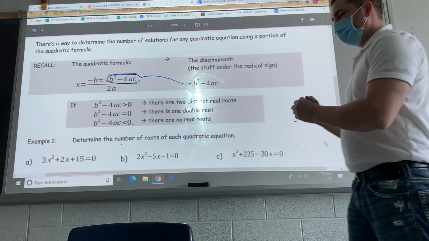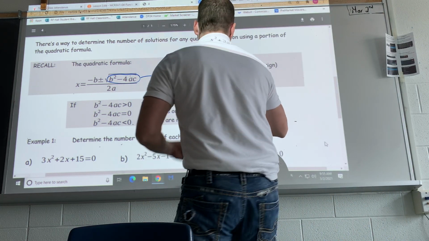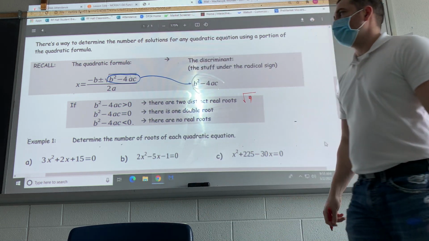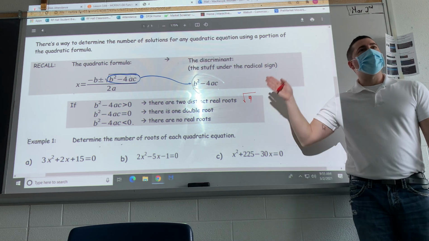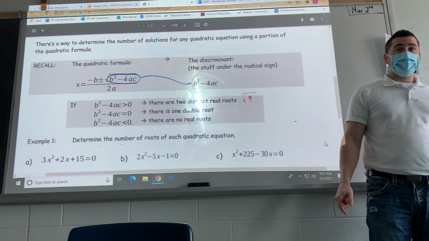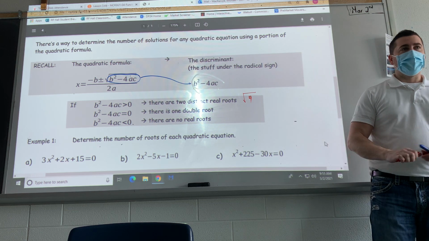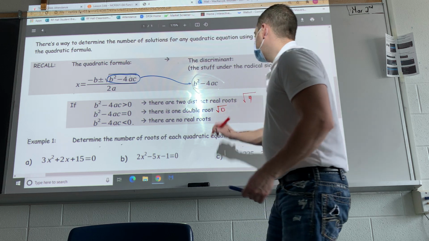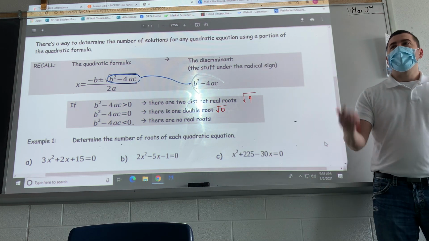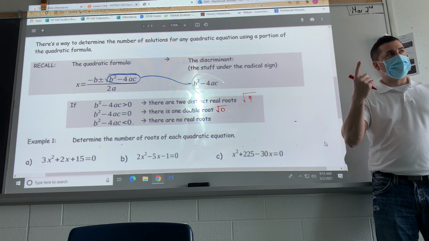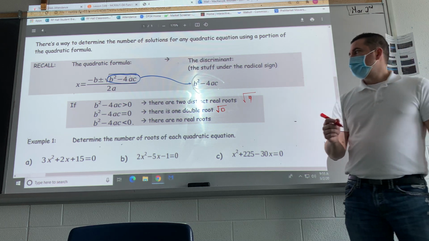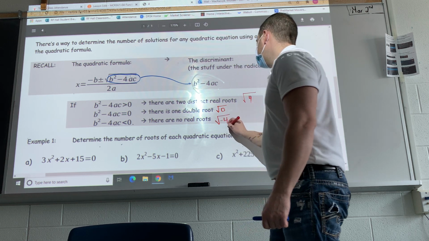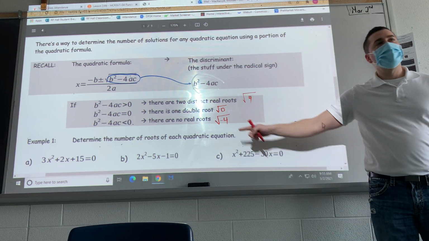Okay? Because if you think about it, if you were to square root a positive number, say positive 4, you would get two answers, right? You would get the negative answer and the positive answer. So you have a negative 4 and a positive 4. If you square root 0, the square root of 0 is 0. That gives you one answer. But if you were to square root a negative value, what happens here?